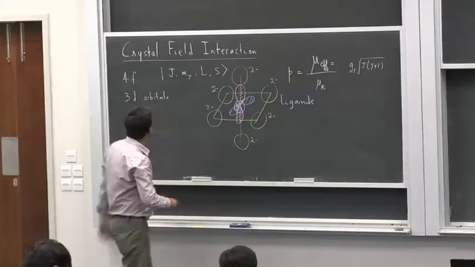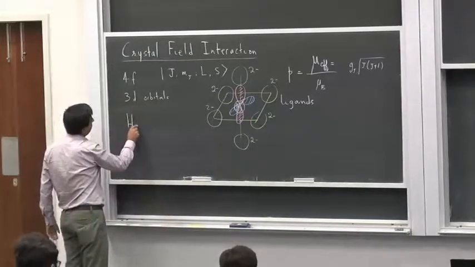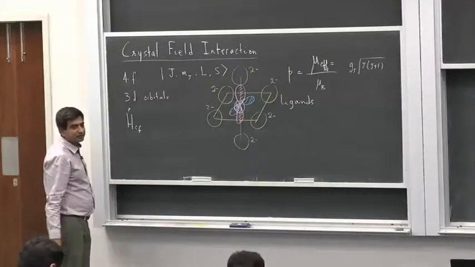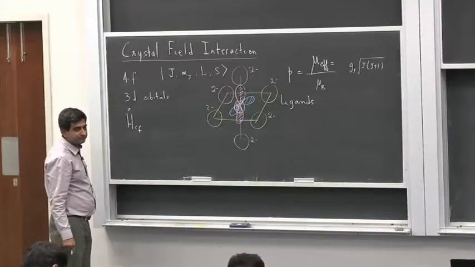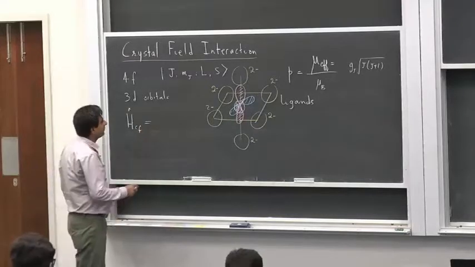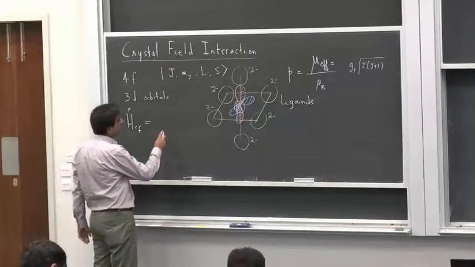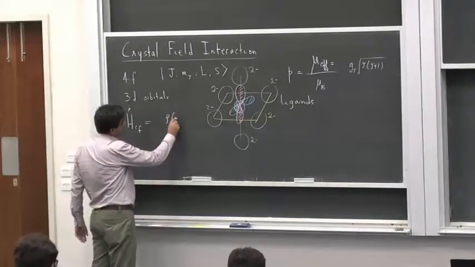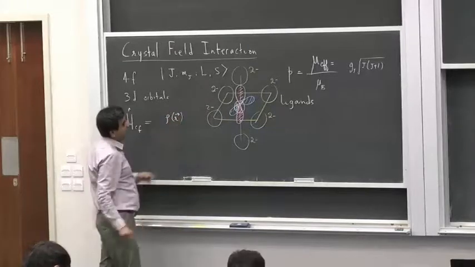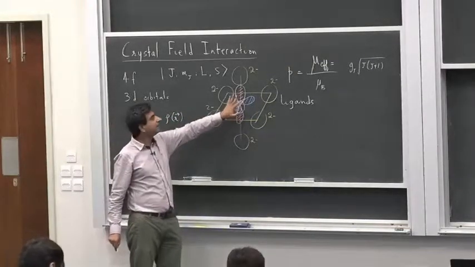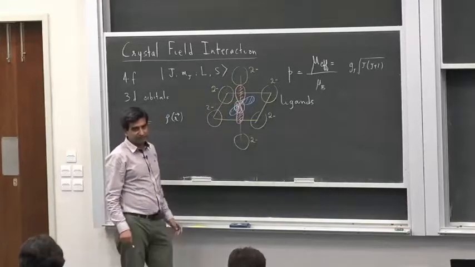And if I would like to write down the Hamiltonian for this interaction, this Hamiltonian corresponds to a certain energy. So this Hamiltonian will be given by the interaction of the charge density of the metal electrons with the potential that the electron sees.